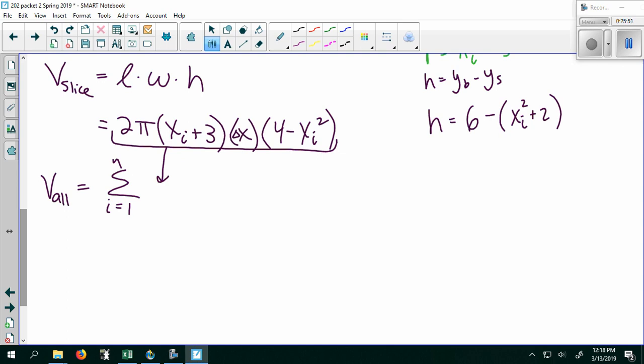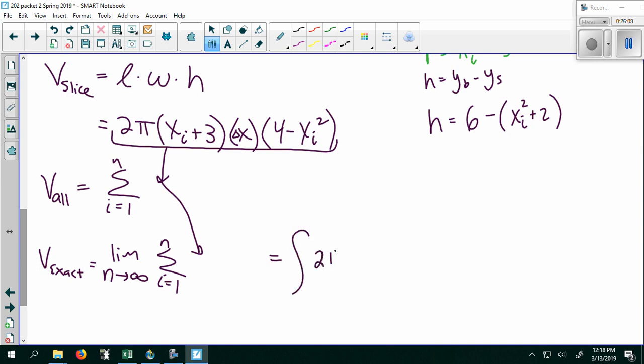And then the volume exact is the limit as the number of slices goes to infinity. And that is the limit of a Riemann sum, which is the definition of an integral. So this becomes 2 pi times x plus 3 times 4 minus x squared dx.